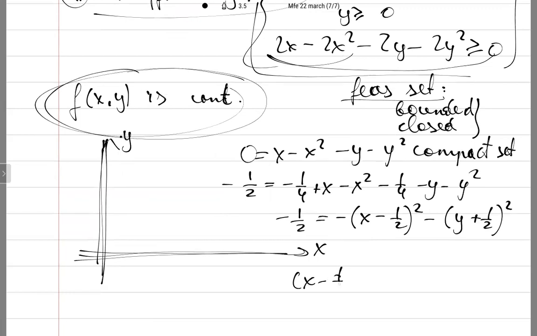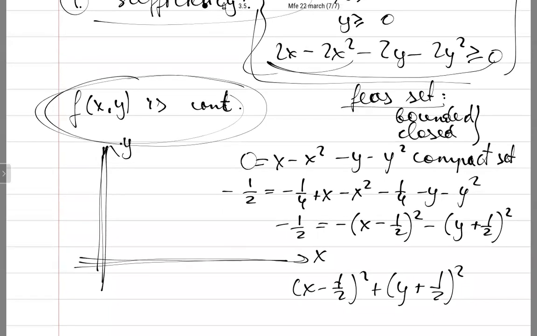(x minus 1/2) squared plus (y plus 1/2) squared is less than 1/2.